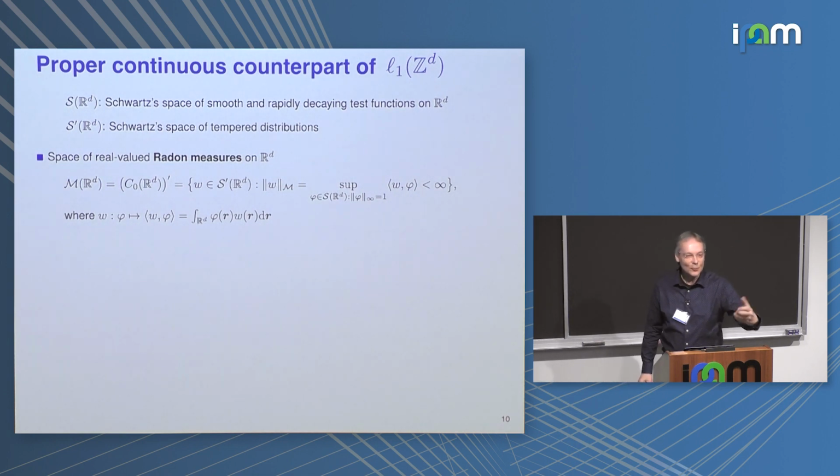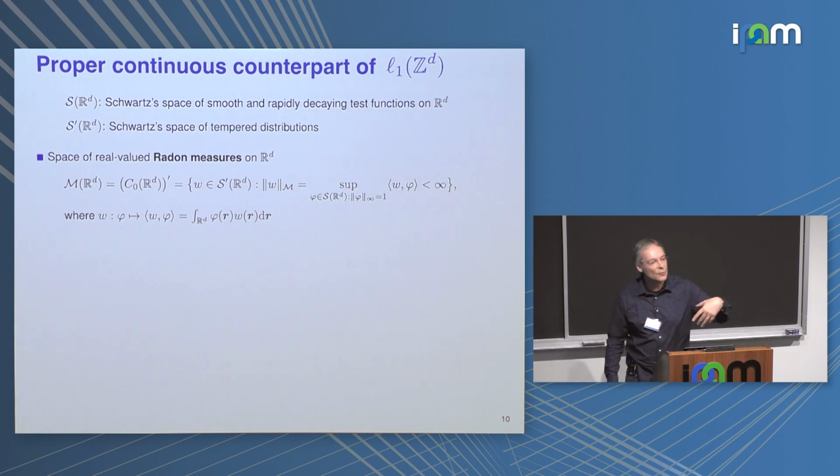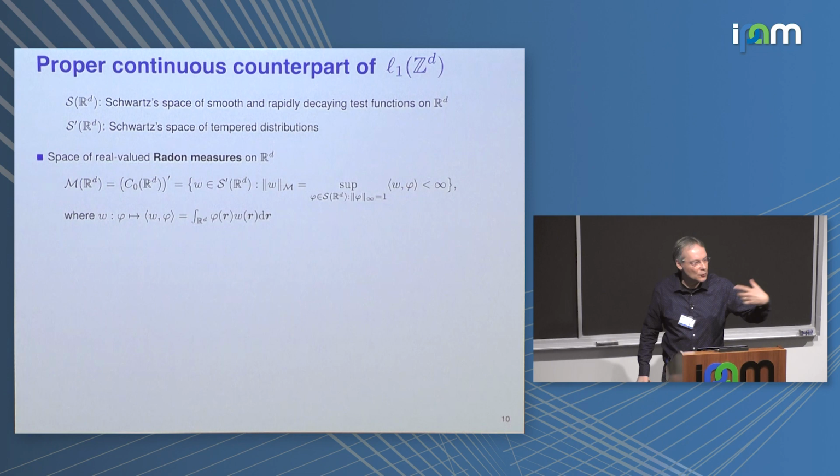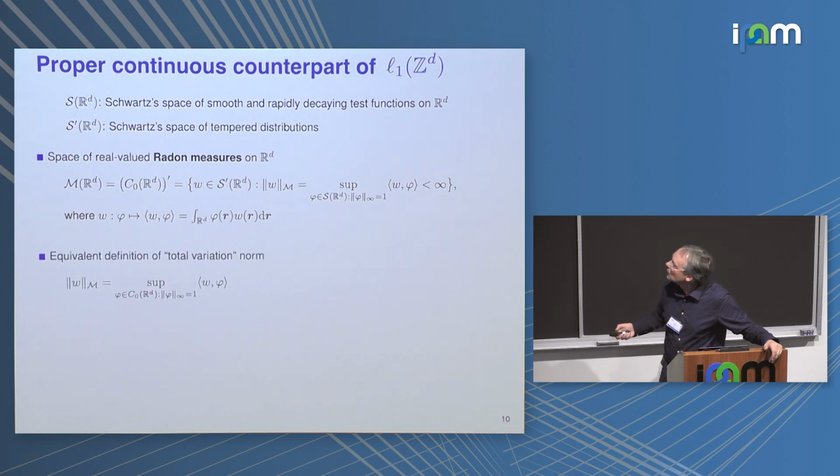It's the total variation norm, defined here with a supremum, and in some sense it's like the dual of the L infinity norm, but here we impose that the test function is smooth, even a test function in the Schwartz space S. And there's also this equivalent definition here.